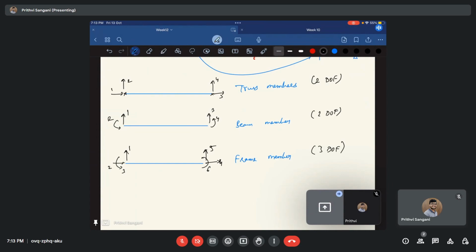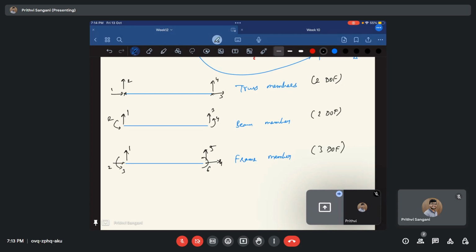So again, coming back to the definition of stiffness. We already learned that stiffness is nothing but the load per unit displacement. If you give a unit displacement, what is the load it is going to carry? That's what stiffness is, right? Again, for the linear members, let us say for the spring, it can only go in the axial direction, right?